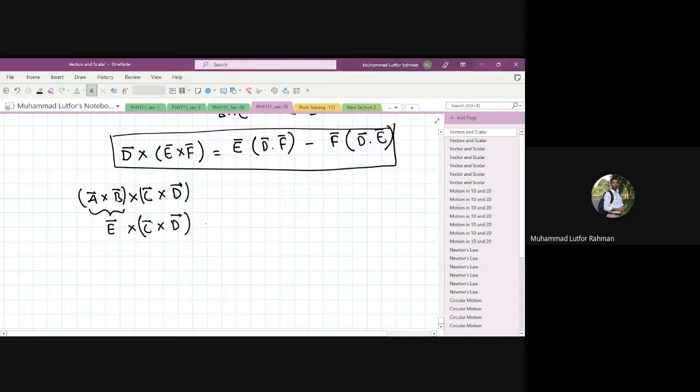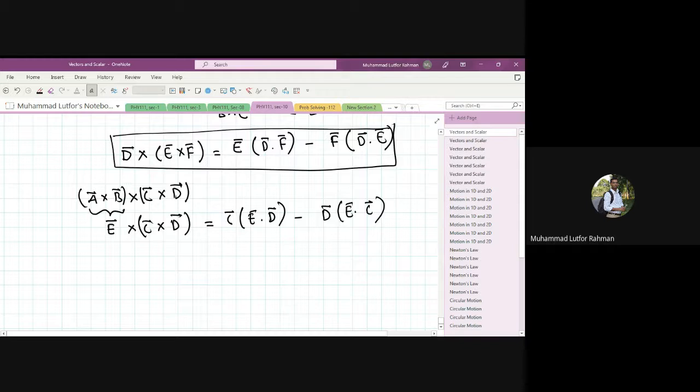Now I can use again that rule, 1, 2, 3. 2 on 3 would be C, E dot D, 2 on 3 minus 3 on 2. 3 would be D, E dot C, let me check, 1, 2, 3 and 3, 1, 2, the 2 will basically be the C over there, right?